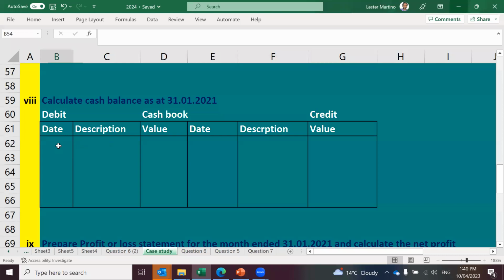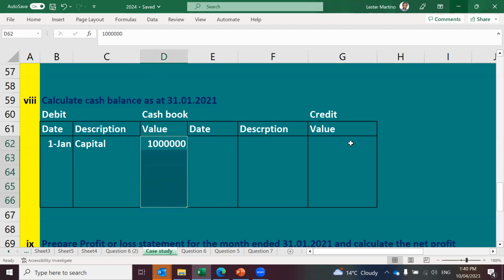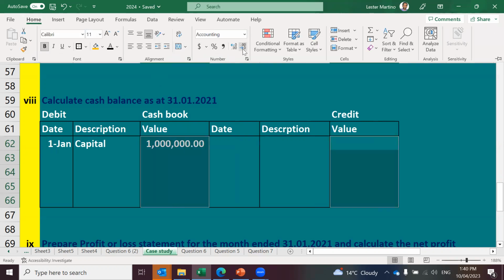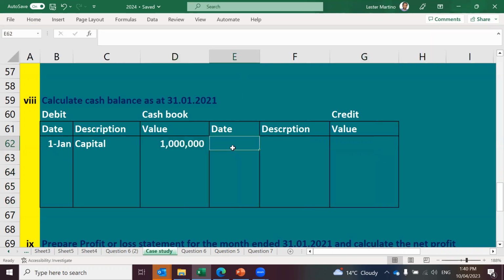Shall we do that one? First Jan. Hold on a minute. Cash coming in 1 million. And the second one, you received a loan, 600,000.